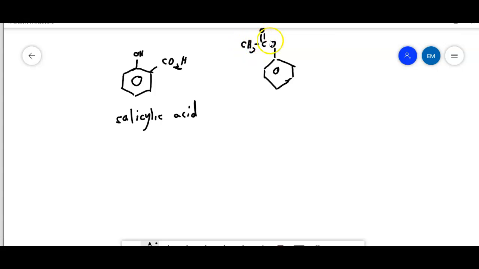This double bond is to this carbon. That's acetyl salicylic acid.